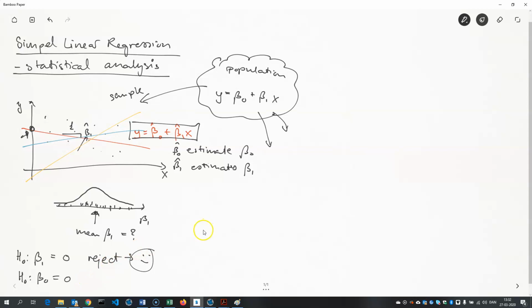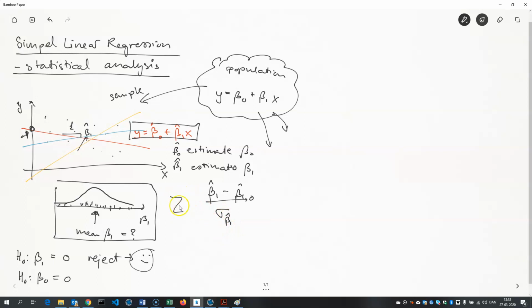How do we do it? Well, as I'm kind of suggesting with my drawing here, testing beta 1, testing this hypothesis is like testing the mean of this distribution of beta 1s. So you wouldn't be surprised to find that the test statistic that we want to state is the current value of beta 1, the one that we actually found in our model, minus the hypothesized value of beta 1, we might call it beta 1,0, divided by the standard deviation of beta 1.